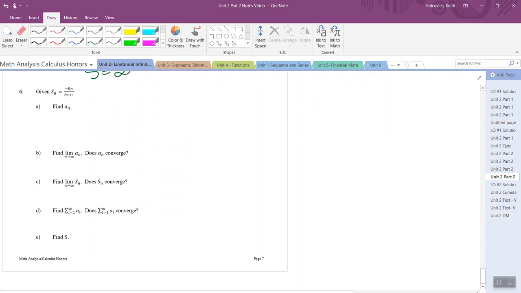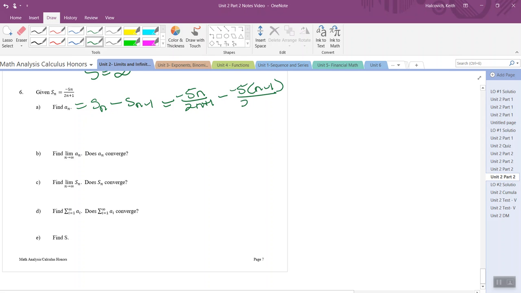So number 6, find a sub n again. So remember, that's equal to the term of the sum minus the previous term. So it's equal to negative 5n over 2n plus 1 minus negative 5 times n minus 1 over 2 times n minus 1 plus 1. So this would be 2n minus 2 plus 1, so 2n minus 1.